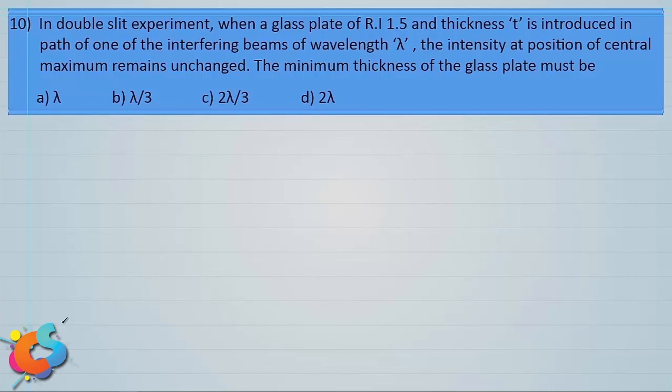Dear students, again this problem is based on the shift produced when a glass plate is placed in front of one of the slits, and the expression for the shift is given by x is equal to beta by lambda into (mu minus 1) into t, where mu is the refractive index of the glass.